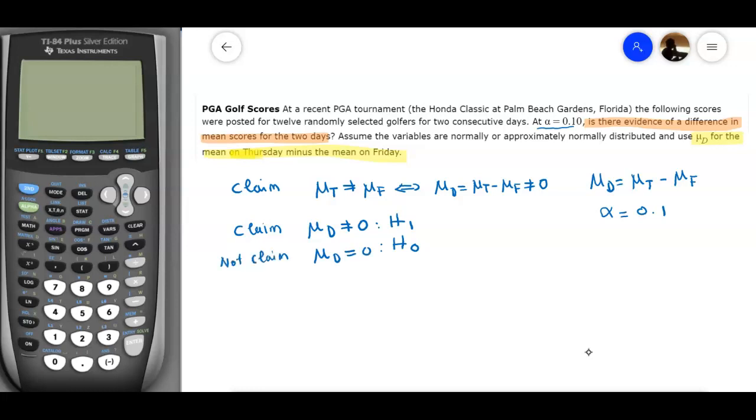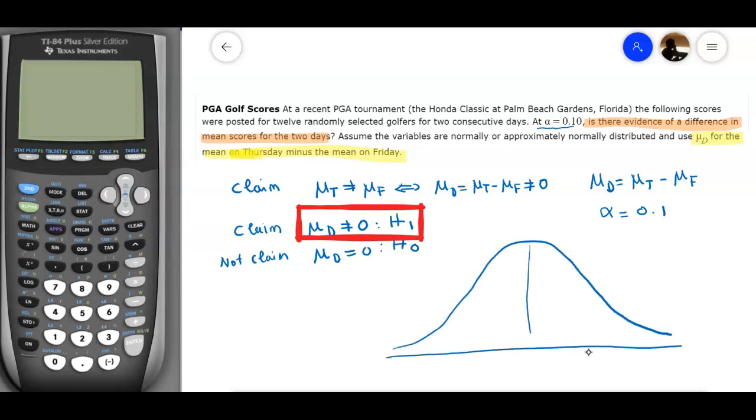Now, having said that, we want to graph it and figure out whether it's one tail or two tail. Obviously, I always graph the H1. So this is going to be my chart. This is mu d equals 0, and the alpha is split in two parts.